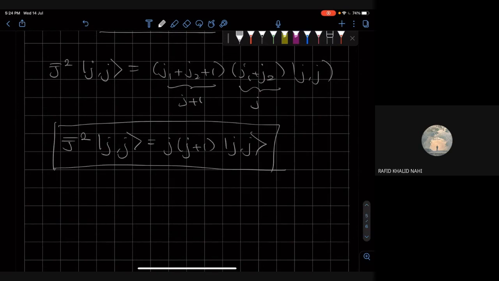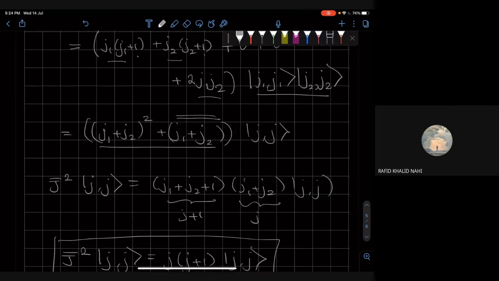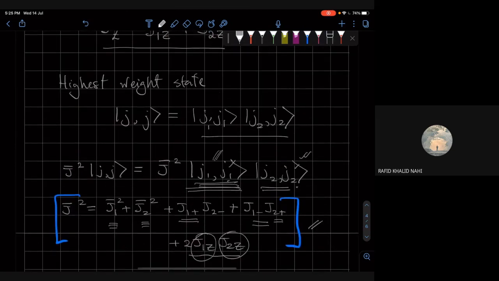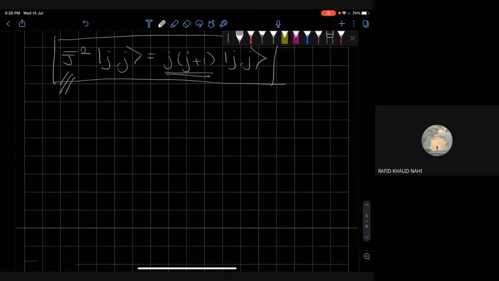But what we are doing here is that, of course, we know that its eigenvalue spectrum is going to be like this, but we are seeing whether this expression acting on this ansatz, this conjecture, gives me the right result.